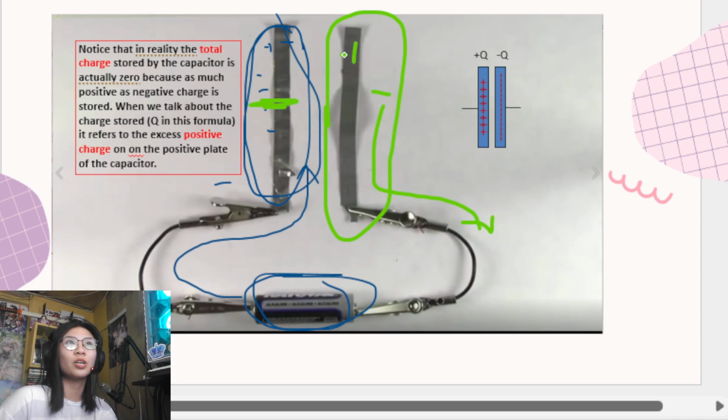The positively charged will be attracted to the negative strip. That is what we call the electric interaction between them.